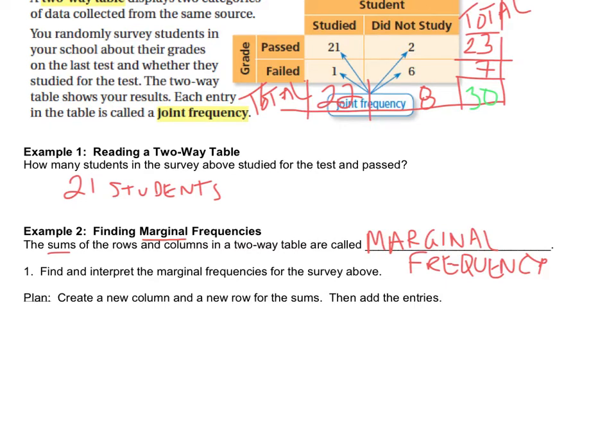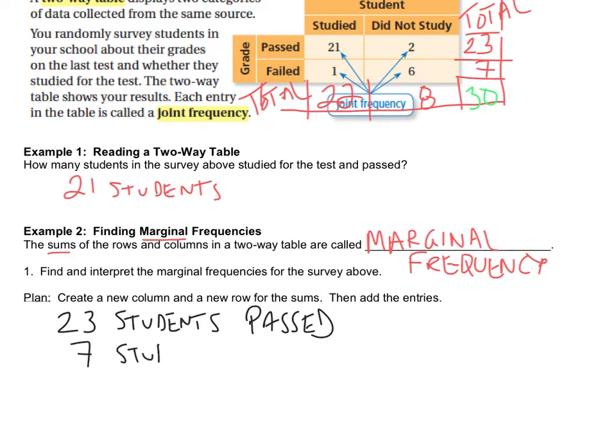So to go through this, it says down here to find and interpret the marginal frequencies. We have 23 across our top row. Remember, interpret means tell us what the numbers mean. We have 23 students passed. The second row tells us we have 7 students who didn't pass. I hate writing failed.